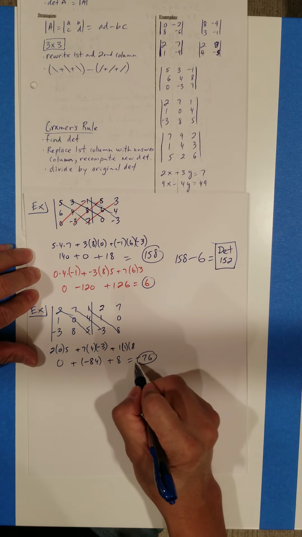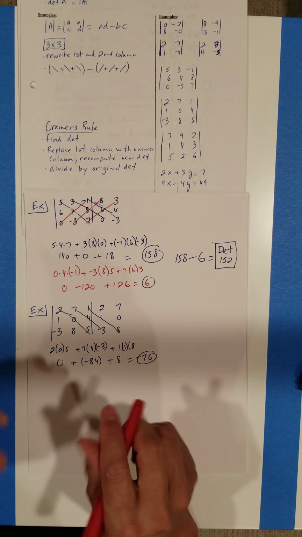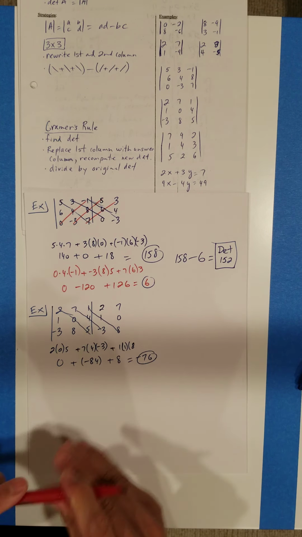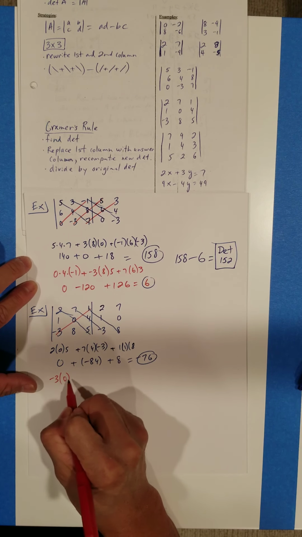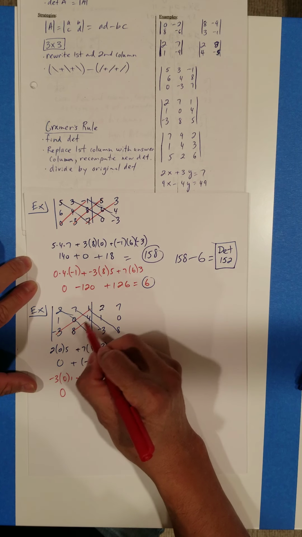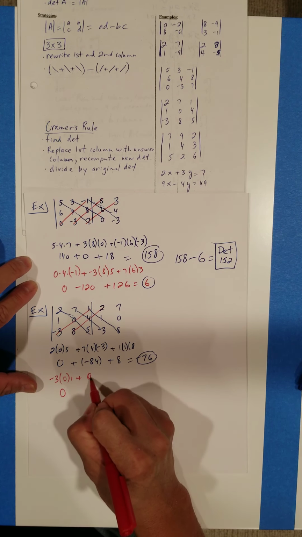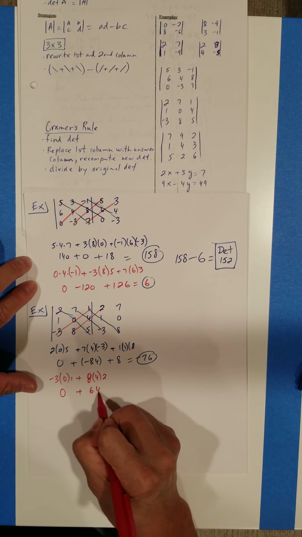Good. Negative 76. Now we're going to go up. Negative 3, 0, 1, which is 0. We're going up again, 8, 4, and 2. That's going to be 64.